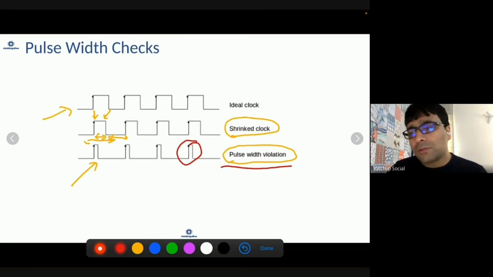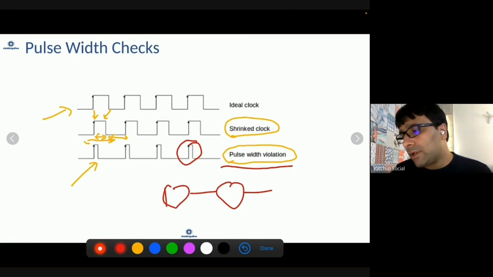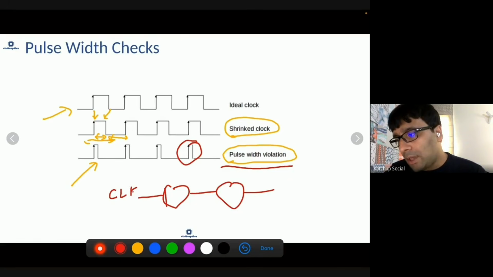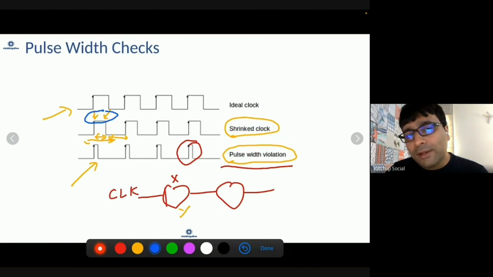And the question is, how is it possible that you can have shrinkage in the clock pulse? As we know, combinational logic will have delay. Let's say the clock is going through a logic, this can be gating or whatever, and rise and fall delays are different. For example, when it goes through rise, there is X delay, and when it goes to fall, there is a different delay. Because of that, when the clock travels through logic, there can be a slight shift in clock edges in rise and fall.